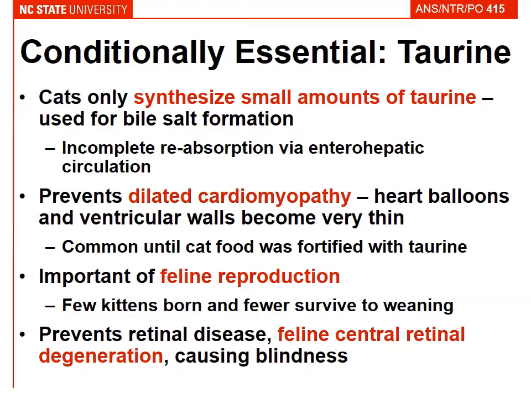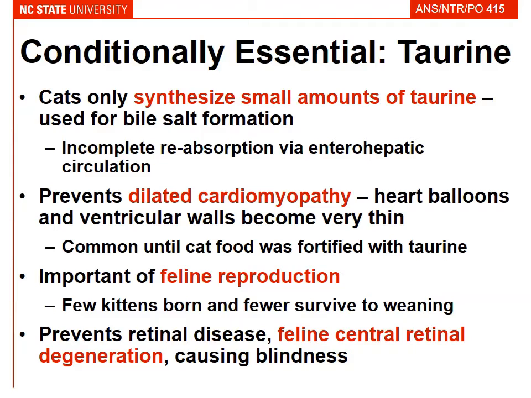It's combined with the bile salts, and the cats have incomplete reabsorption of taurine through the enterohepatic circulation. So you and I are able to reabsorb our bile salts with the taurine conjugated to it. Cats are not as efficient with that. So therefore, they end up excreting a lot of it with their bile salts.